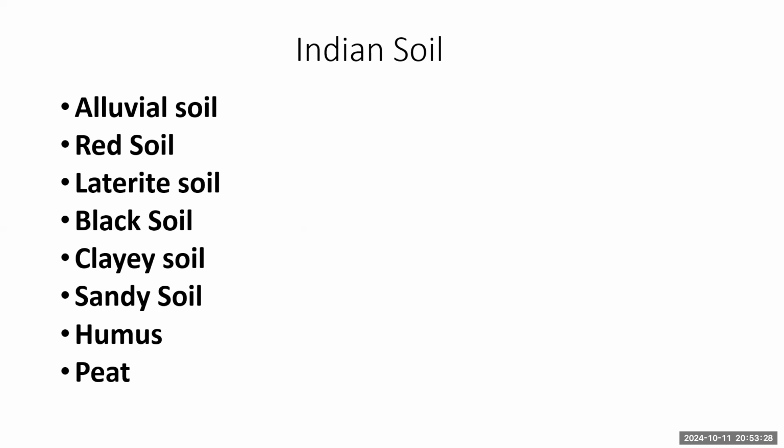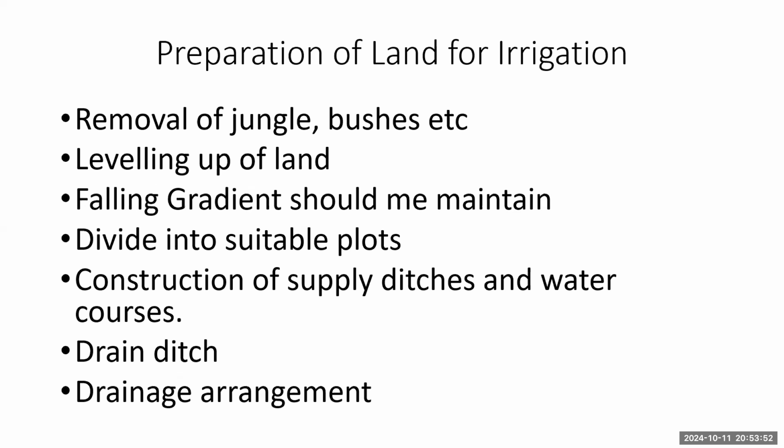Black soil is formed due to weathering of basalt rock. Clay soil and sandy soils are formations of all these above types of soil. Humus is a soil which is formed due to the decomposition of animals as well as plants. So these are some of the Indian soils.